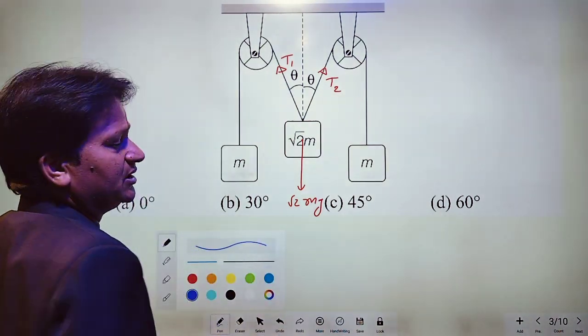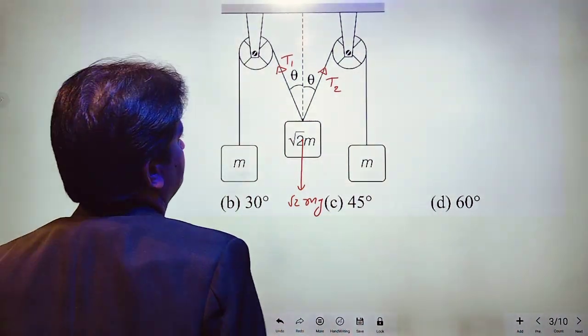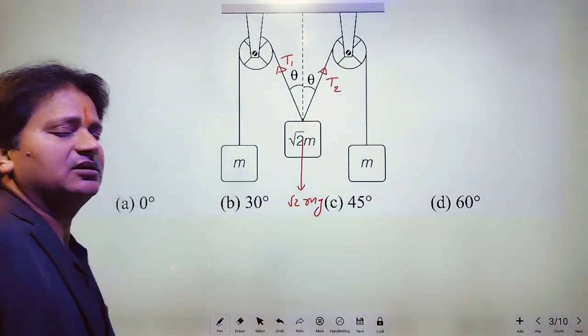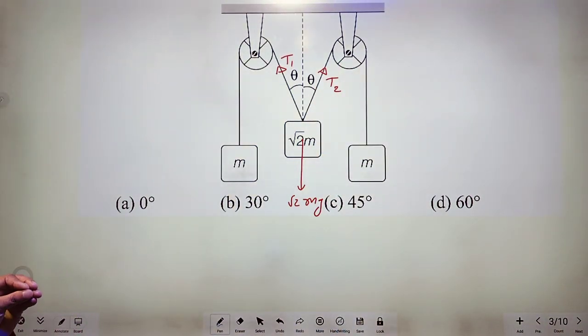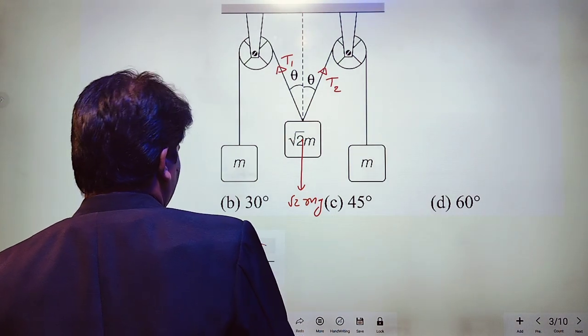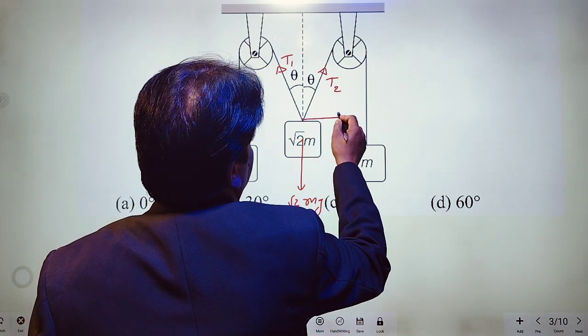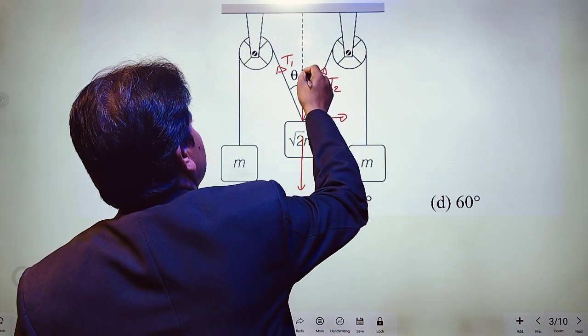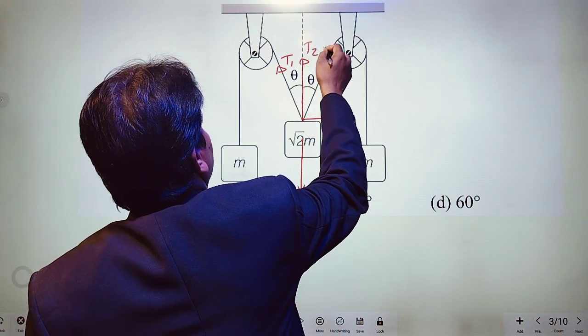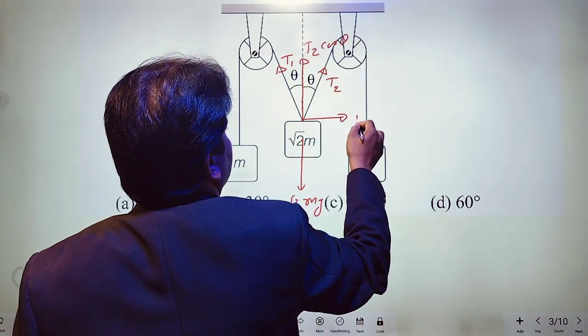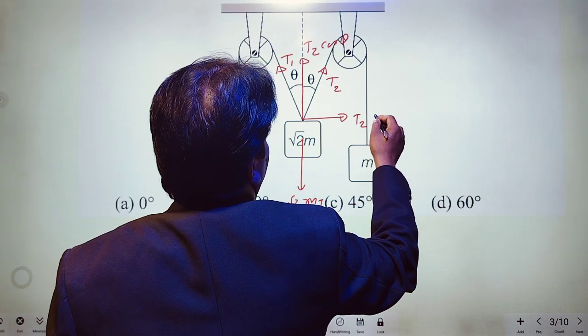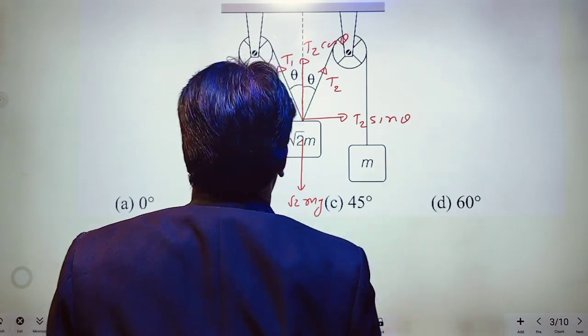This one is in the vertical direction, this one is not in the horizontal or vertical direction. Therefore, we draw its components. This component will be T2 cos theta, and this component will be T2 sin theta.